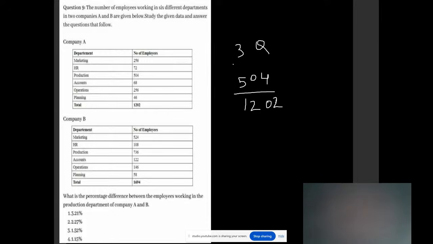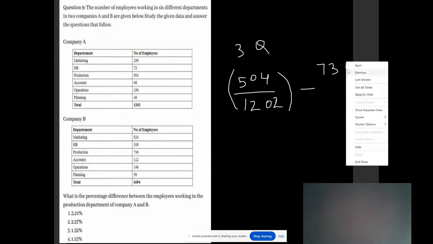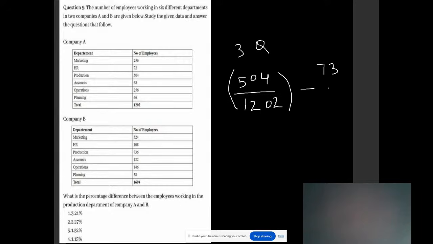Next, the percentage of the production department in company B. That is nothing but 736. Production department in company B is 736, and the total value is 1694.